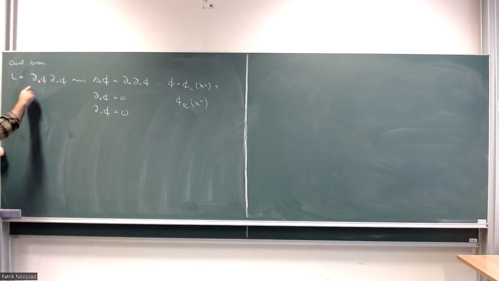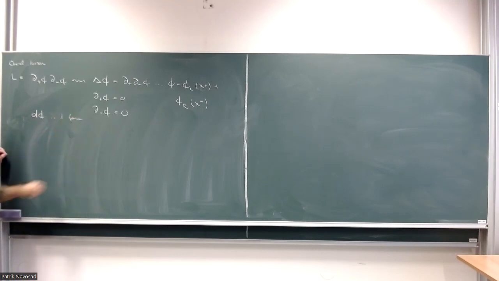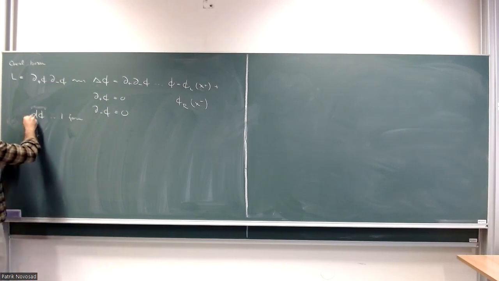If you write this more geometrically, you can think of d phi as a one-form. And then this equation of motion is basically a condition on this one-form. So this can be written like that.